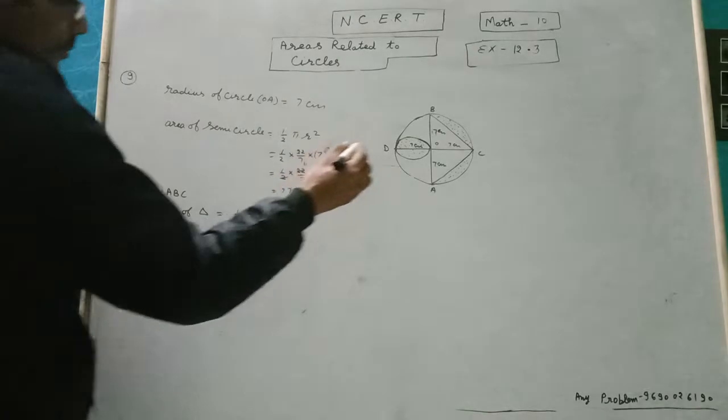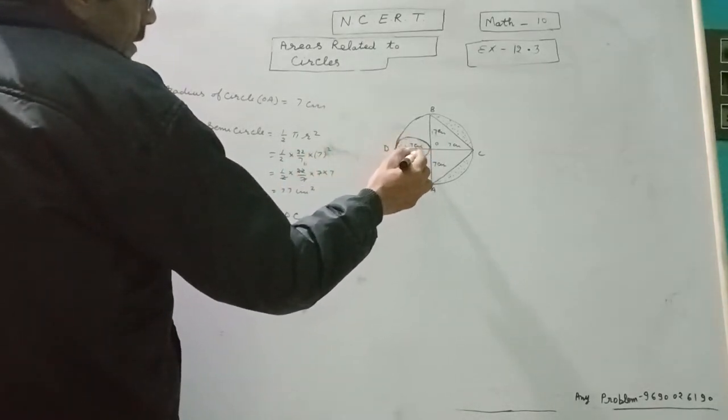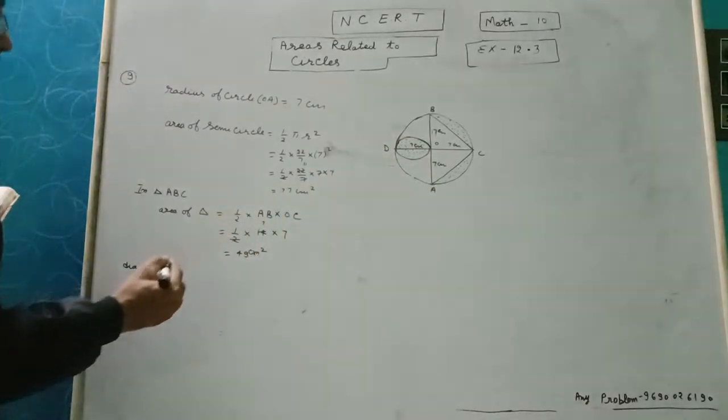Now we find the area of the shaded circle.